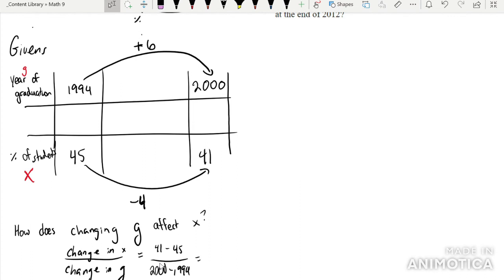Or it'll give me minus 4 over 6, which I can reduce to minus 2 over 3.